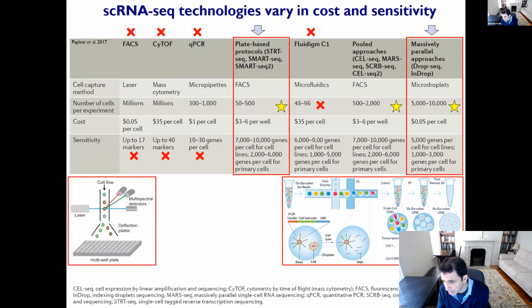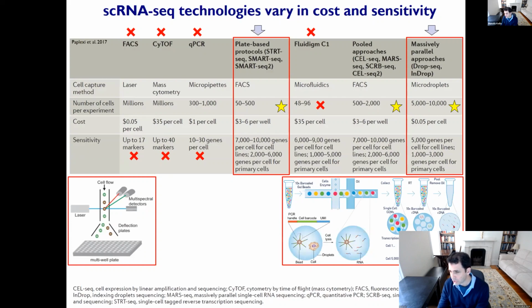And those cells that have been labeled with the red barcode will have a red barcode on every one of their RNAs. But then you can break the partitions and just lump together all of the barcoded RNAs and just do a single sequencing reaction for all 10,000 of your cells.